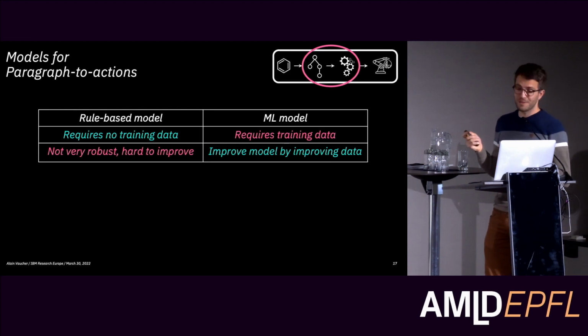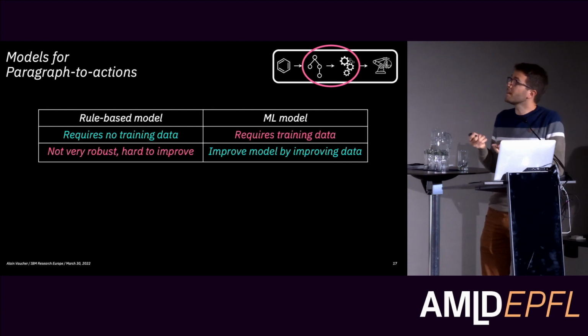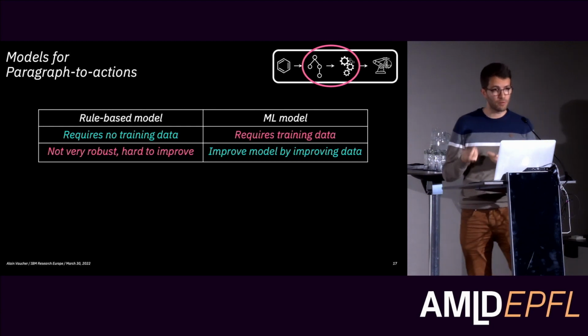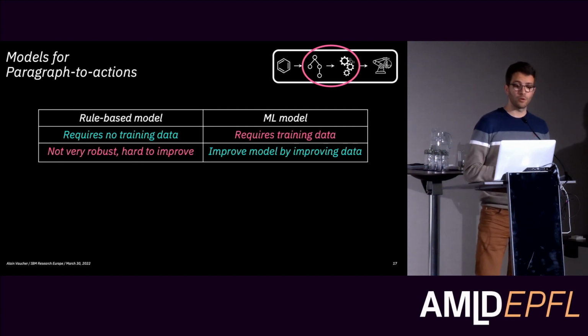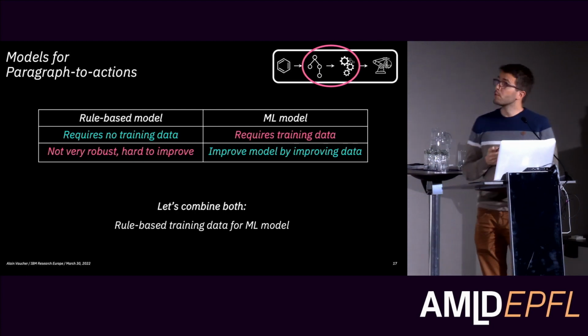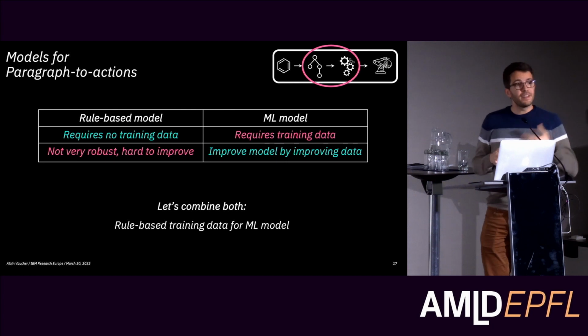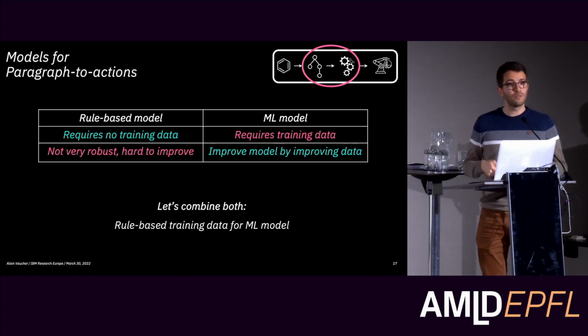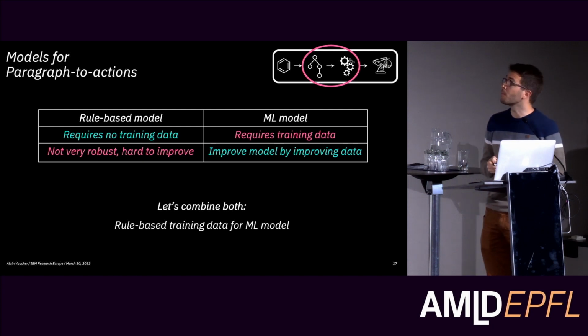On the other side, for the machine learning model, we don't have any training data, but if we have some, we can improve it by improving the data. So what we ended up doing was to generate an initial training set of data with the rule-based model to train the machine learning model.